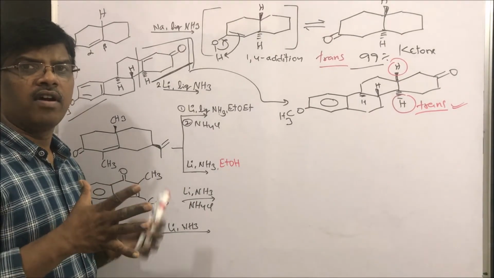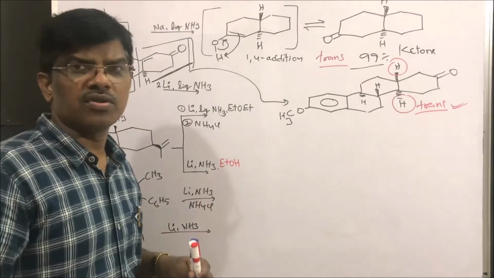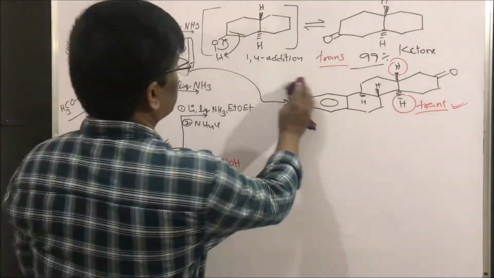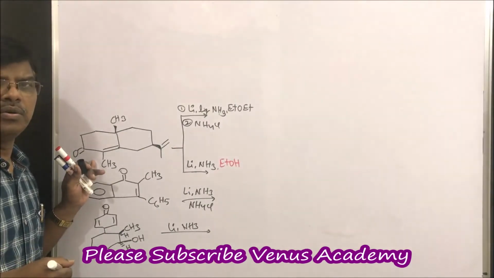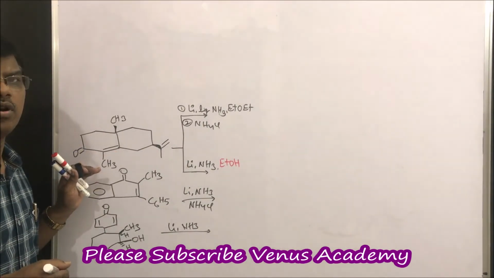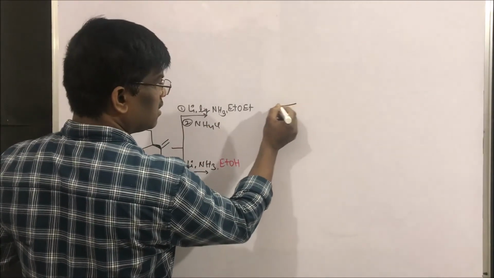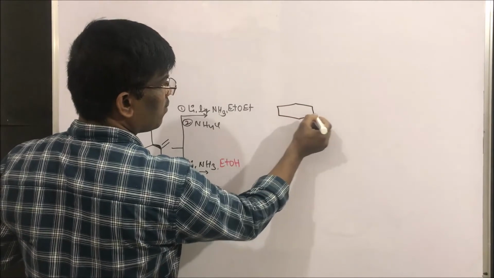The importance of alcohol in these reactions. When we do the Birch reduction of this alpha beta unsaturated compound, what is the major compound we are going to get? Let us write. This is the ketone I am going to get.